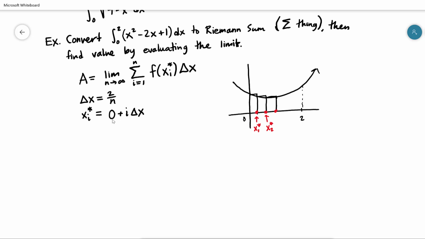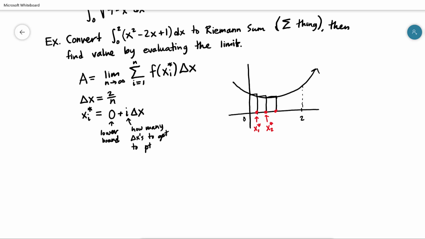So 0 is sort of the starting point, our lower bound of integration, and this is just keeping track of how many delta x's we have to move over to get to that point. So that's kind of what's going into the formula. That's how I'm thinking about this.